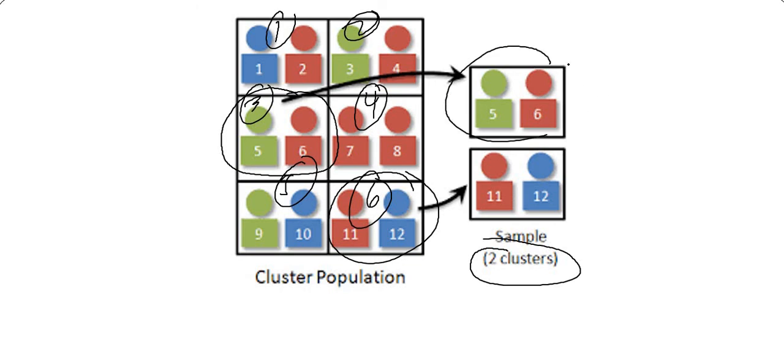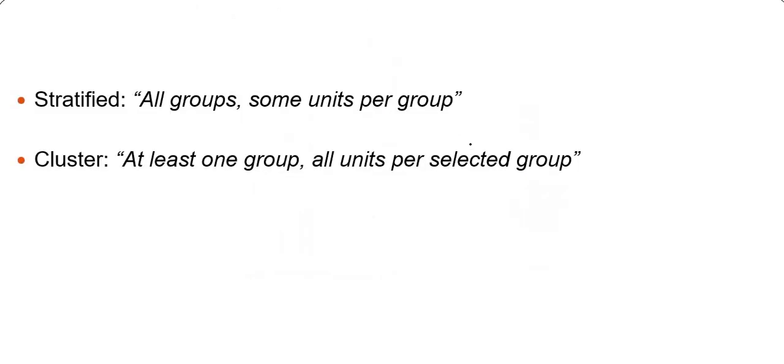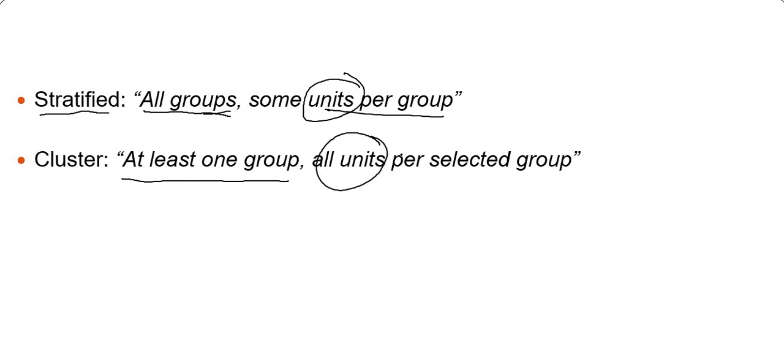Hence, all members of cluster 3 and all members of cluster 6 are part of the sample. So, to clearly differentiate, when we do stratified random sampling, we take a sample from all groups, but we only take some units per group.